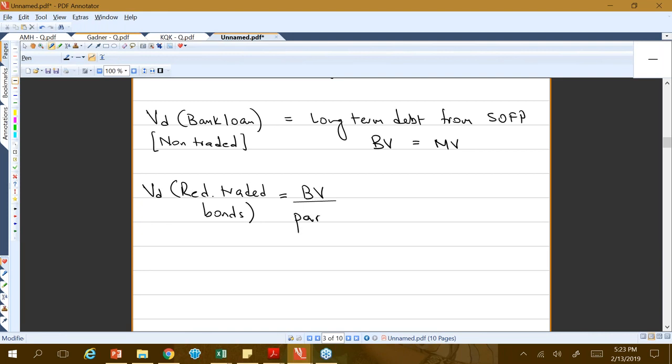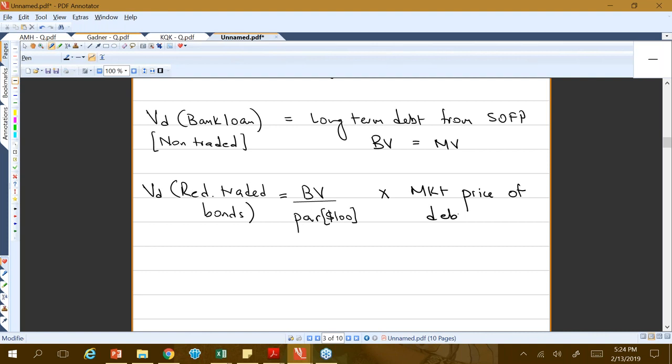Now, the word par value, again, is nominal, face value, all the same. But the par value of the debt in our exam is always $100. So the debt is broken down into units of $100. So we'll take the book value, divide by par value, which will be $100 in our exam, and multiply this with the market price of the debt.